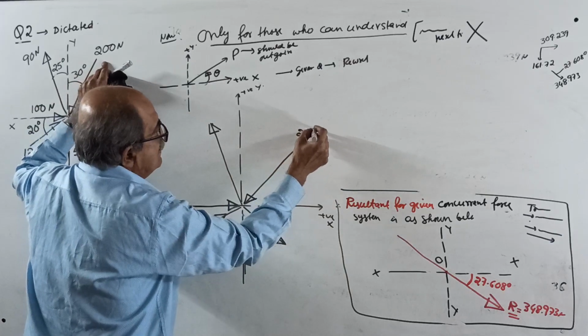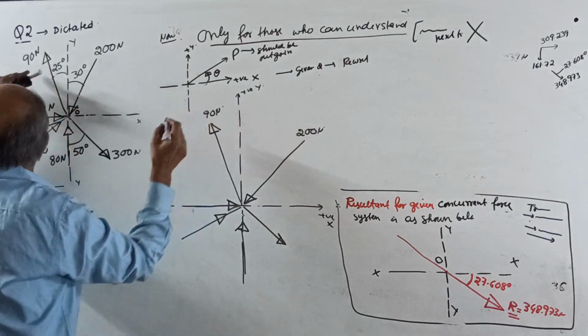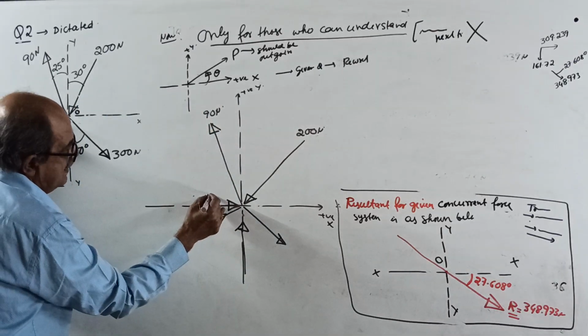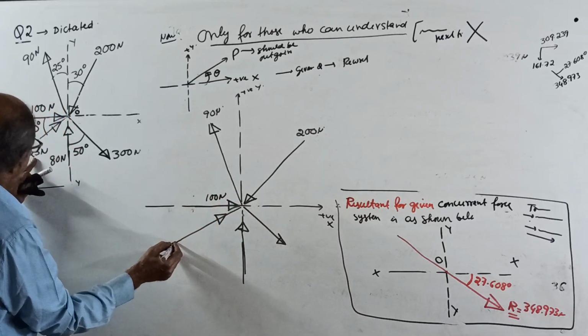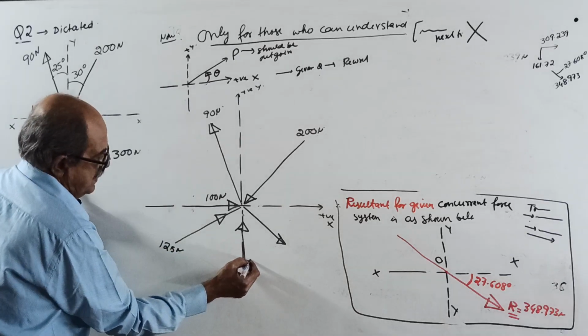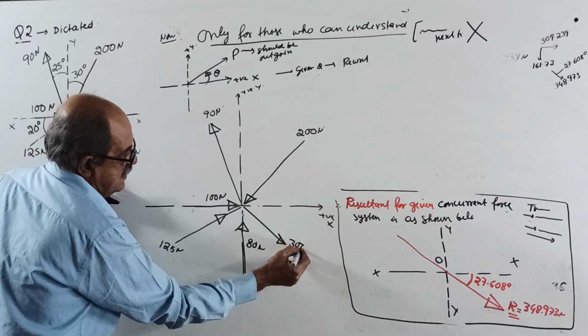200 Newton, 90 Newton, 100 Newton, where should I write? Here, okay. 100 Newton, 125 Newton, 80 Newton, 300 Newton.